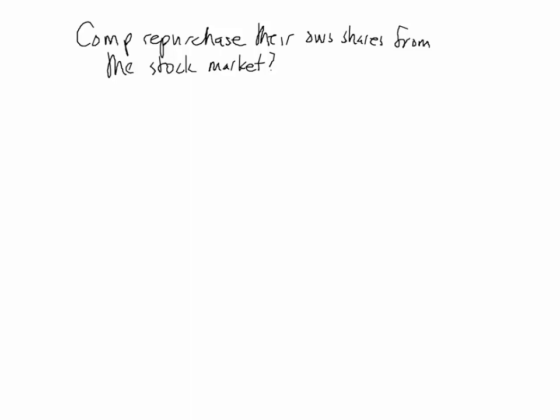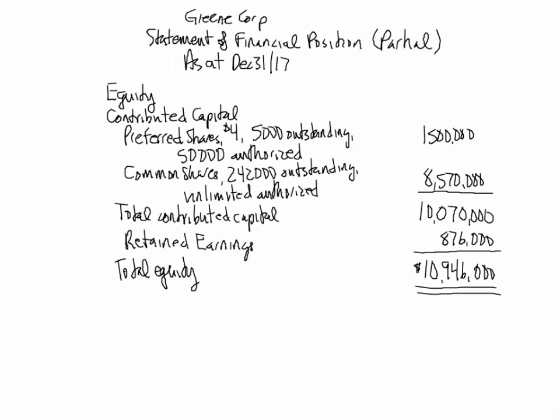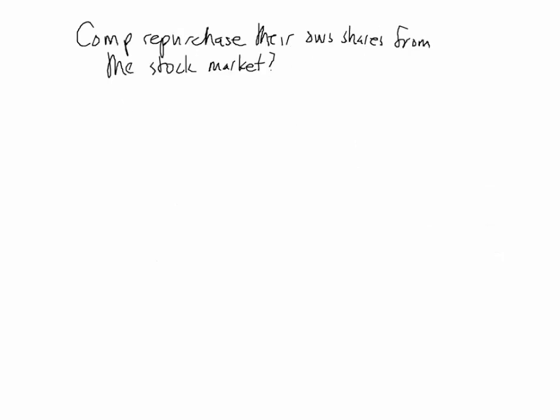So let's assume, as we look at this, that I'm going to continue with Green Corporation. Don't forget that Green Corporation has 242,000 shares outstanding. Let's say the company wants to repurchase some of those shares.